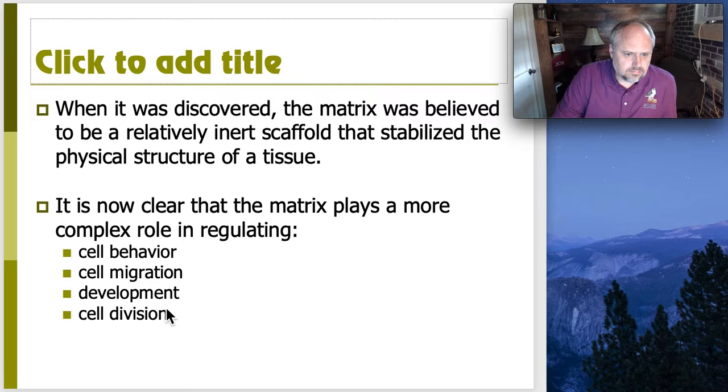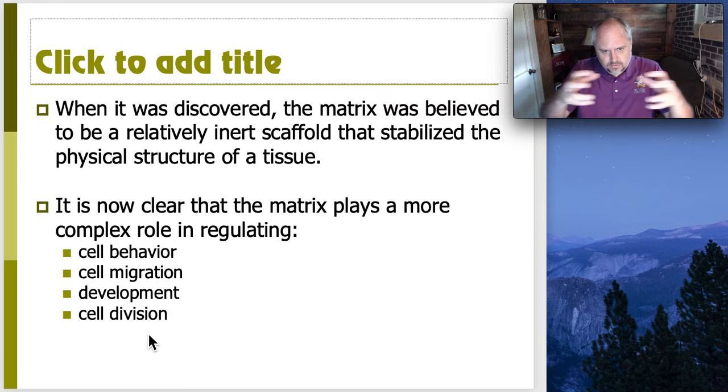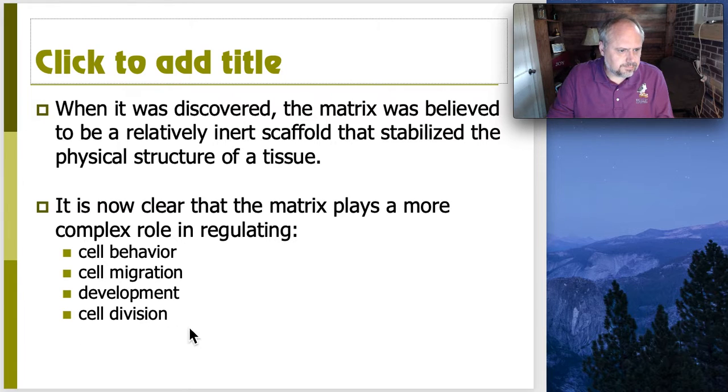And we'll see that the extracellular matrix we make is very important for development. And by development there, I mean taking on the role that you're supposed to take on. And of course, cell division can also be affected by the nature of the matrix. And matrix can kind of affect where the division takes place. Is it going to go this way? Is it going to go that way? And of course, those relationships with regards to those axes can be important.